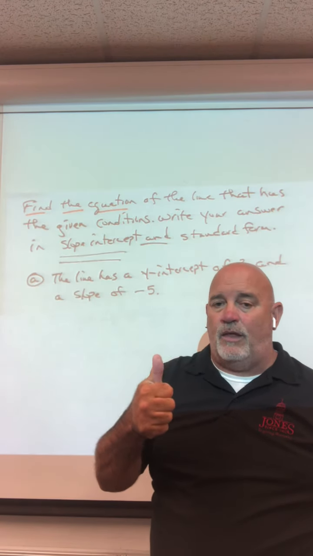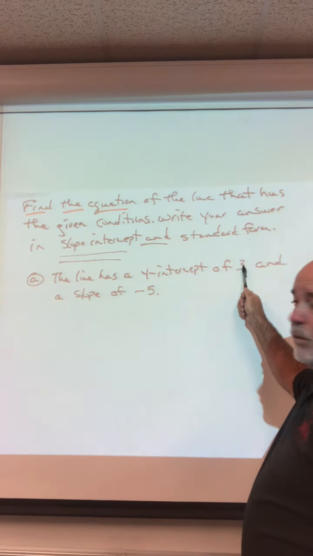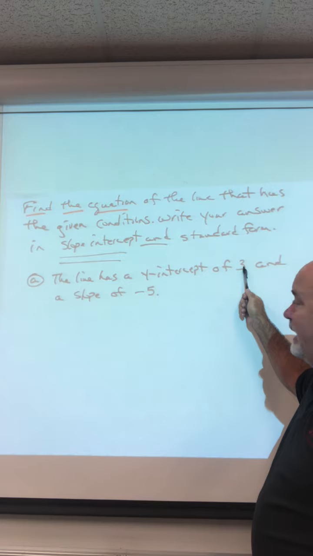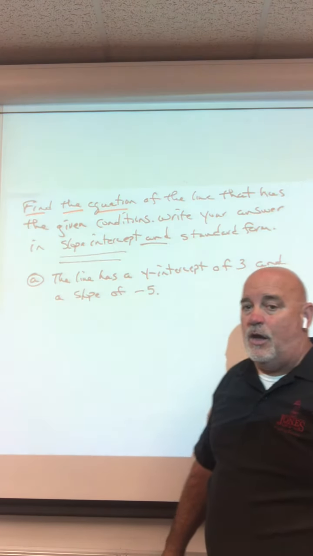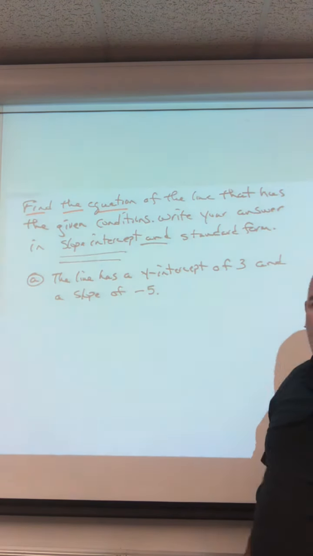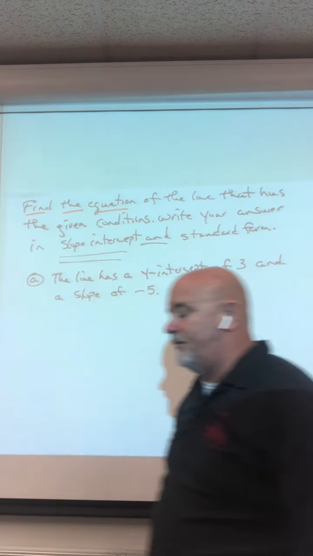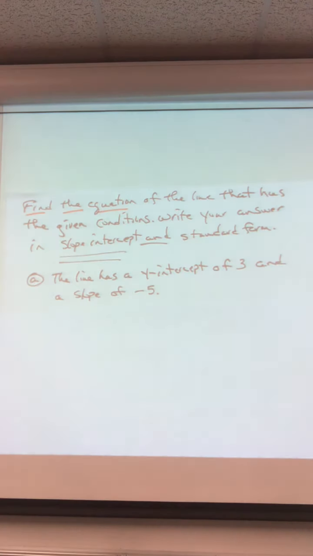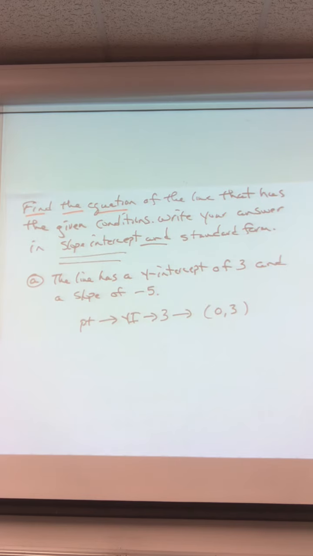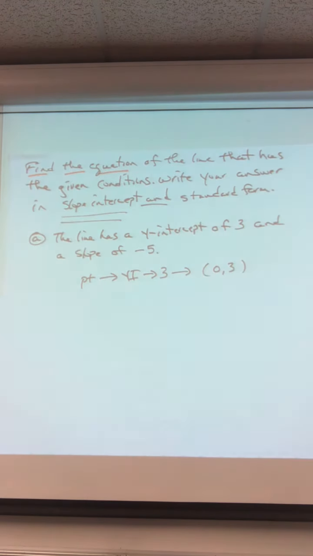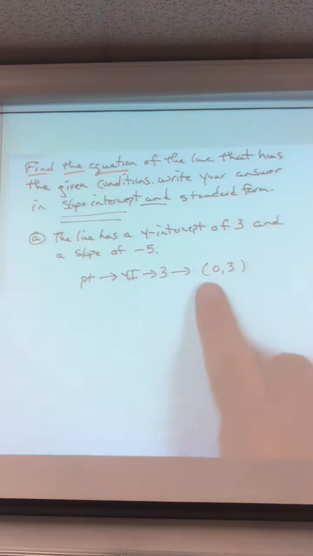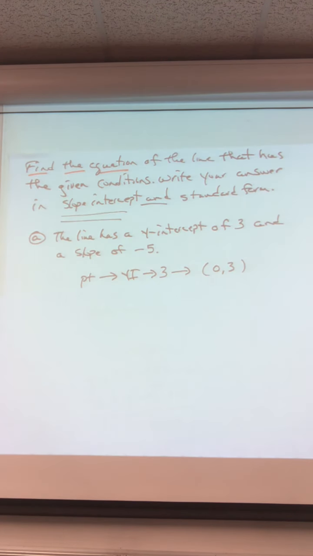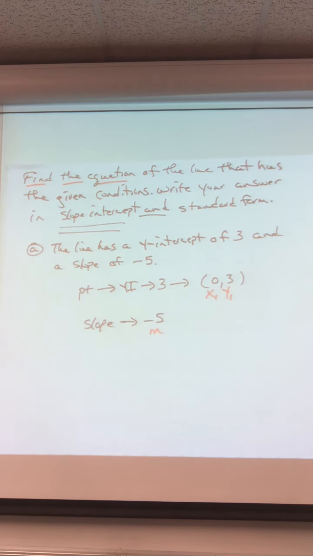A point on the line. We know a point on the line. The y-intercept is 3. We also know the slope of the line. It's -5. So do we know a point? Yes, we do. Now remember, when you write your y-intercept, you have to write it as (0, 3). And then the slope is -5.